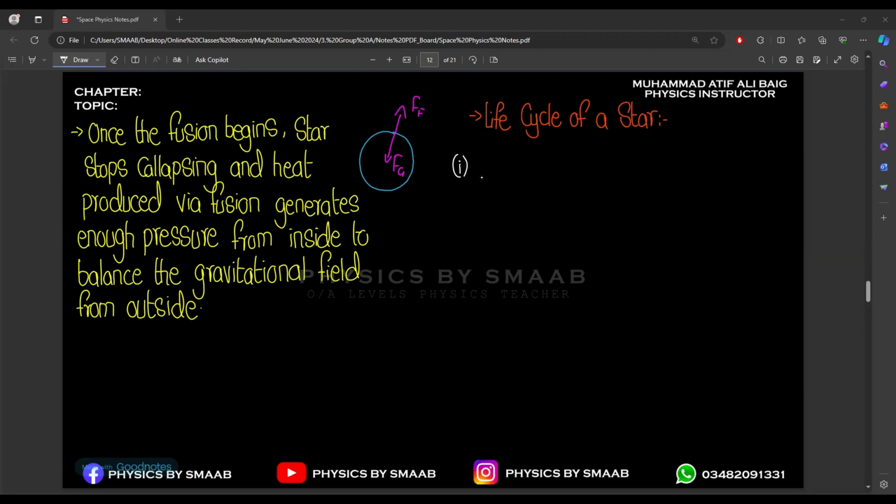Basically, when a star begins to run out of hydrogen for fusion, because it is natural that after some time this hydrogen is going to run out and there will be no fuel for the fusion reaction.